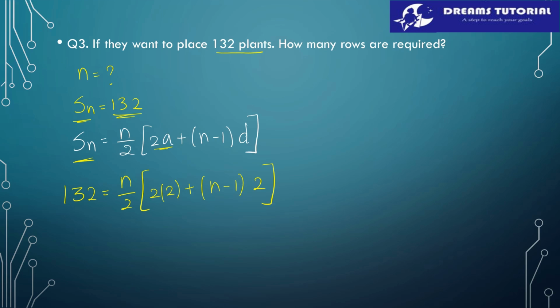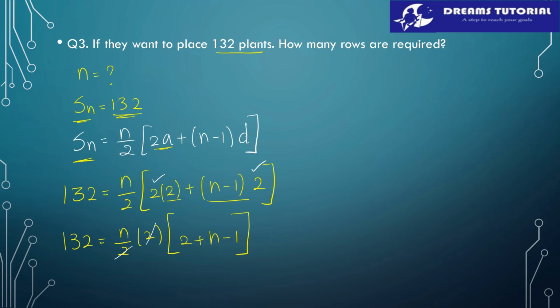Of course, inside the square brackets we have 2 common in both the terms. You can take it out. So the next step is 132 is equal to n by 2 into 2, the common factor taken out. What are we left with inside the bracket? We have 2 plus (n - 1) left inside the bracket. Further simplifying, you can cancel out the 2 in the numerator and denominator.